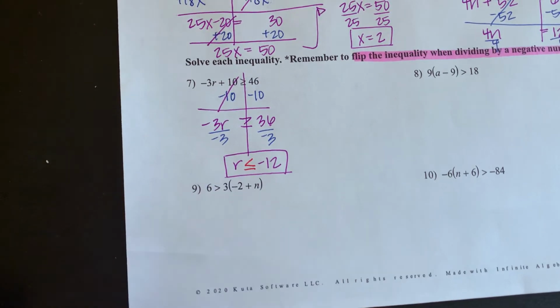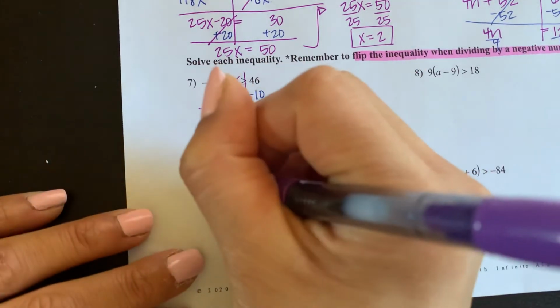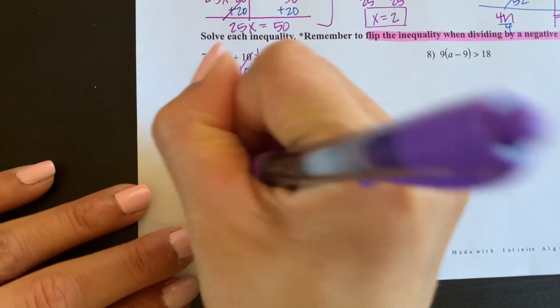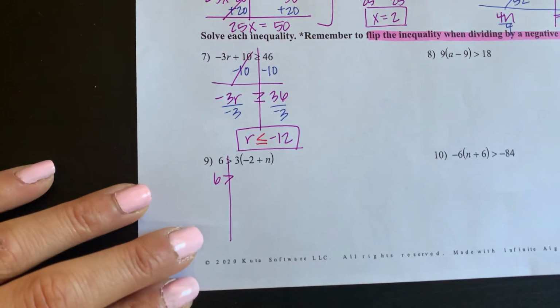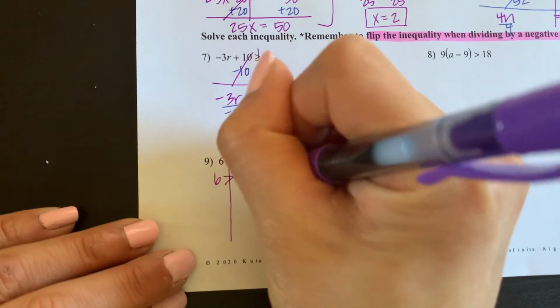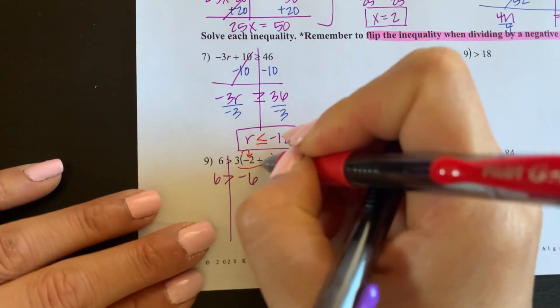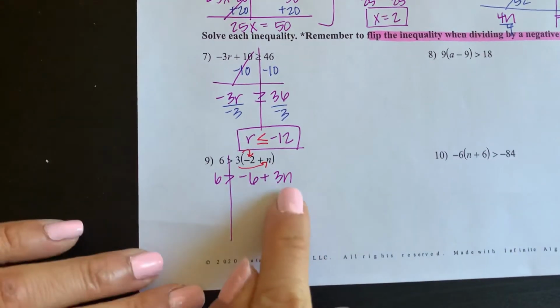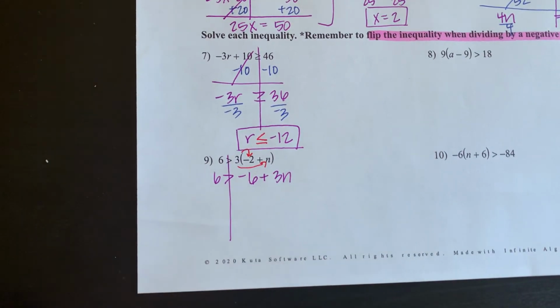Let's do number 9. Draw a line down the middle. 6 stays the same. We're going to go ahead and distribute. 3 times negative 2 is negative 6. 3 times n is 3n. So even though the variable's on the right-hand side, the procedure is the exact same.